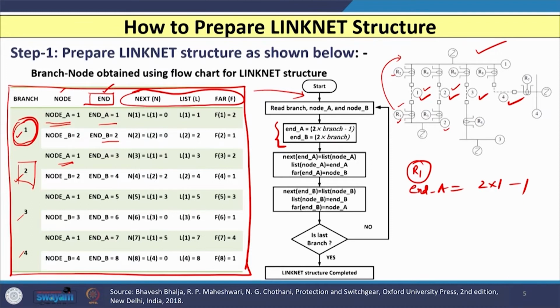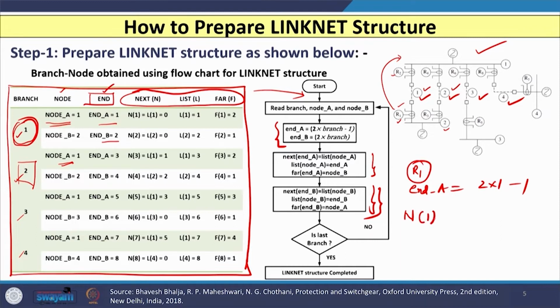Now, once we have node A, node B, nA and nB, the next step is to calculate 3 one dimensional vectors, that is next, list and far. We can calculate these using these 2 blocks. Let us see the first block, that is the next block. So, next nA, where nA we have already calculated, nA is equal to 1.